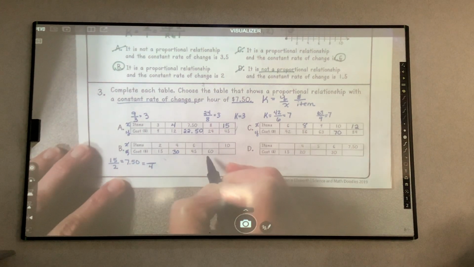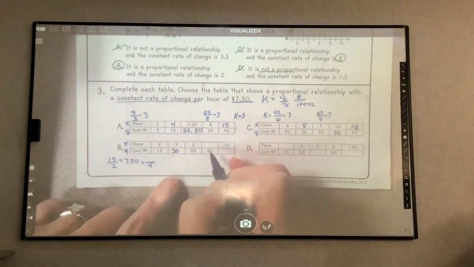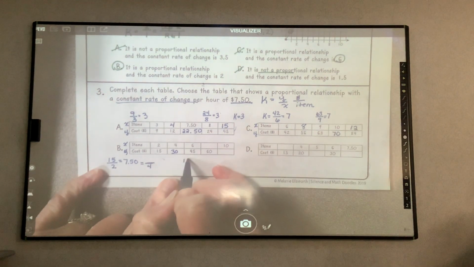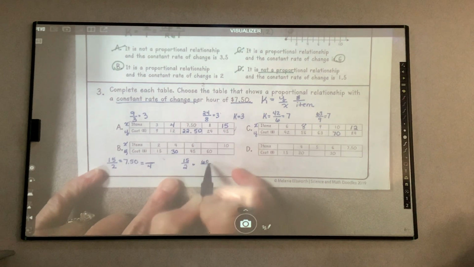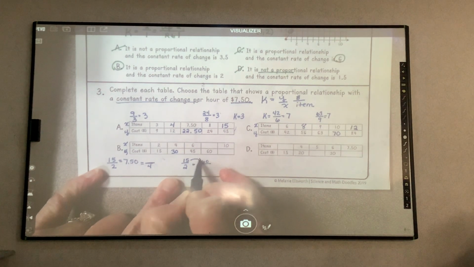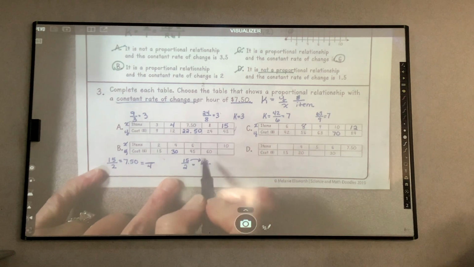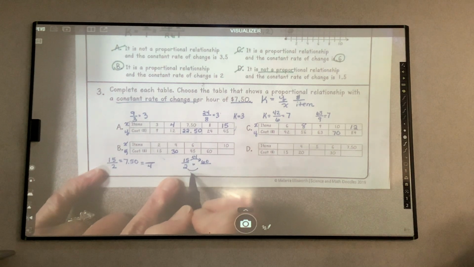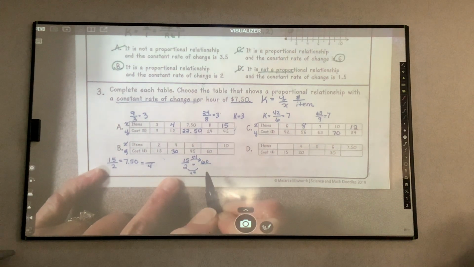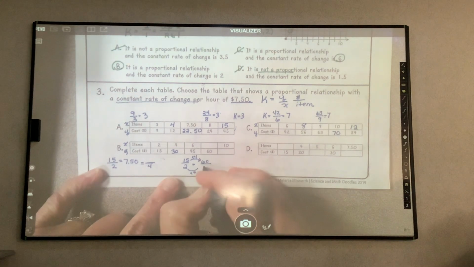Then you can do the same thing for 60. I can do the same thing for 60, because I got 15 over 2 equals 60 over, well, how do I get from 15 to 60? Times 4. So I take 2 times 4 to get 8.